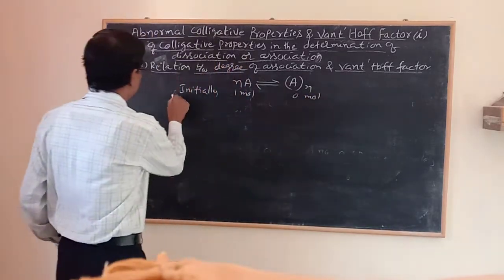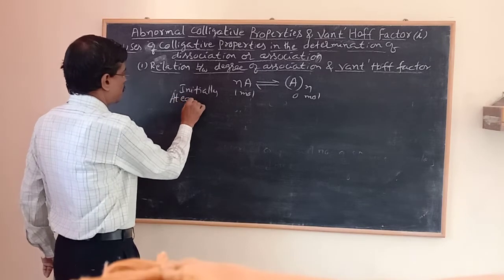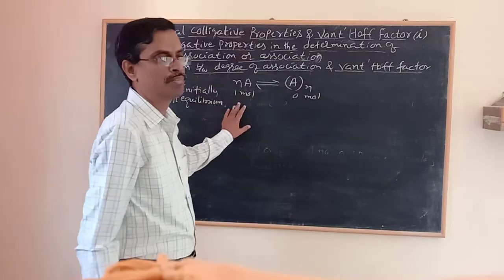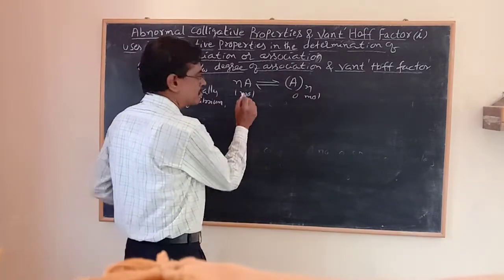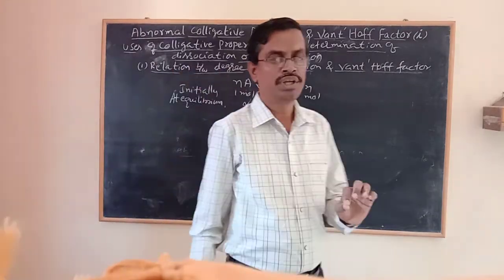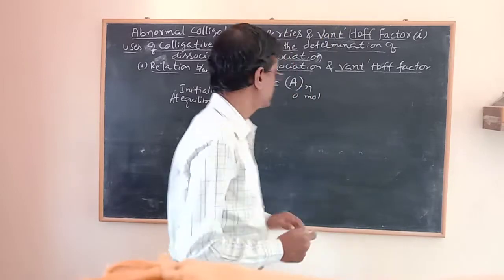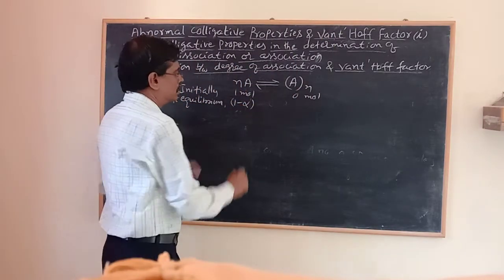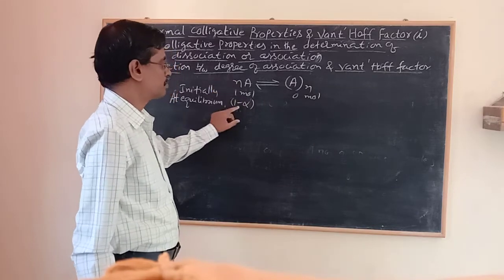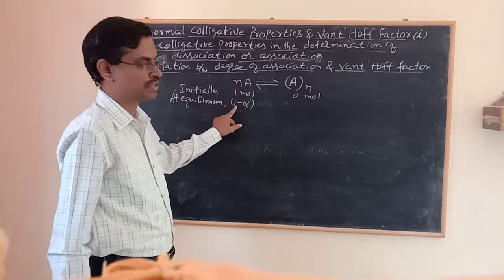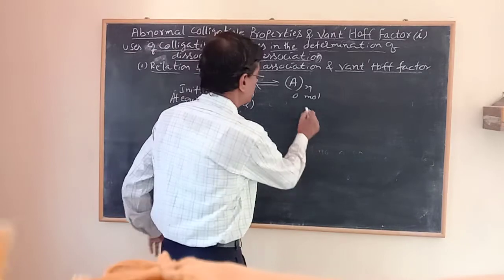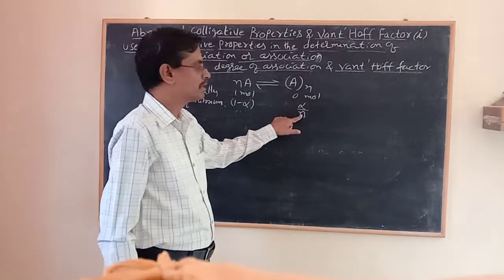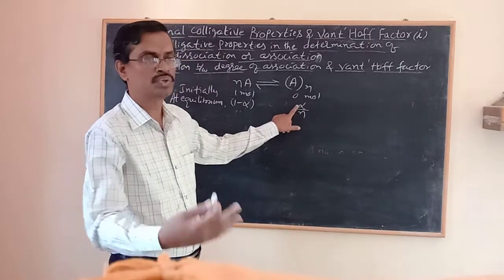But at equilibrium, what will happen? If alpha is the degree of association, then the remaining quantity, since initially 1, is 1 minus alpha moles after association, and on the product side we have alpha divided by n. Total number of molecules is n and alpha moles associate.